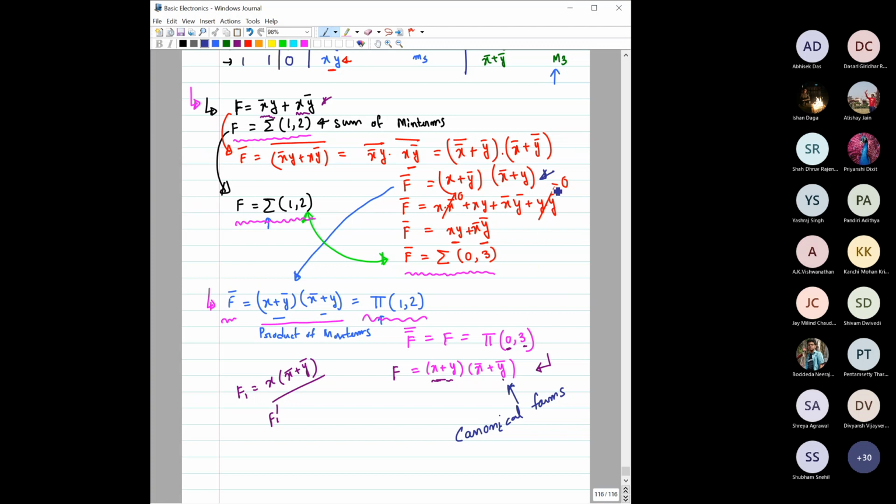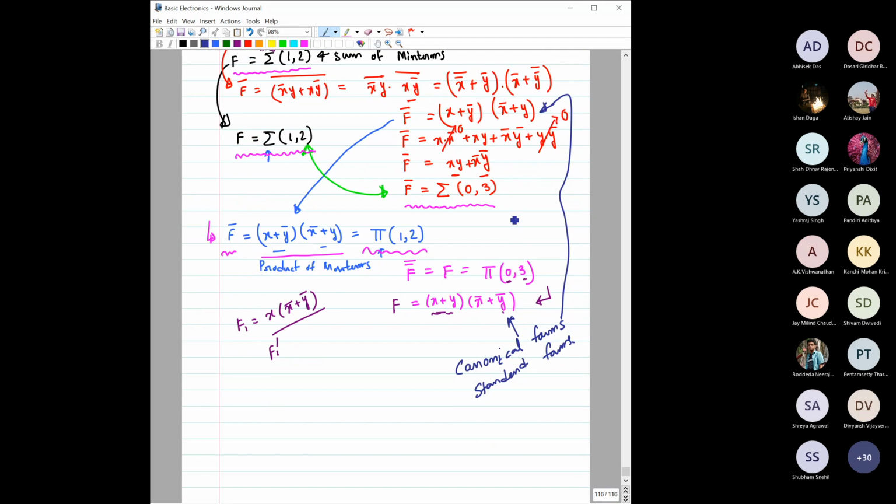It means all variables are present. Whatever variables are there, all the variables are present in every term. Then these are called the canonical forms, or sometimes also called the standard form. So standard form in product of max terms and sum of min terms, I think you have understood. Now we will do a couple of examples from which you will understand it much better.